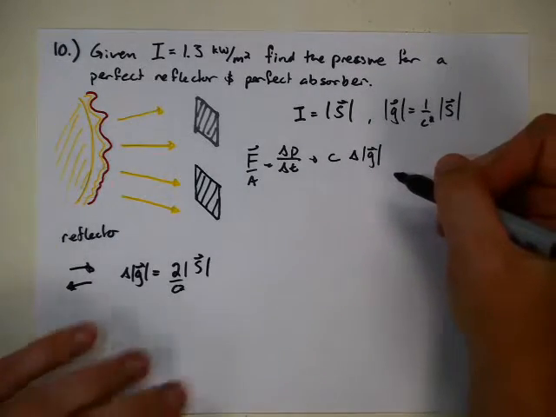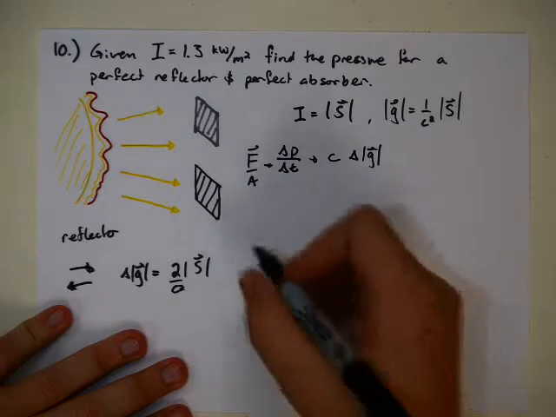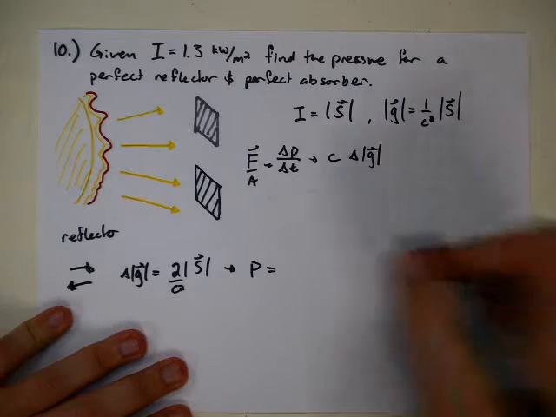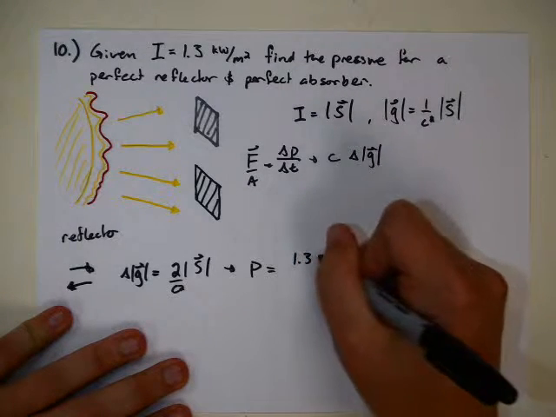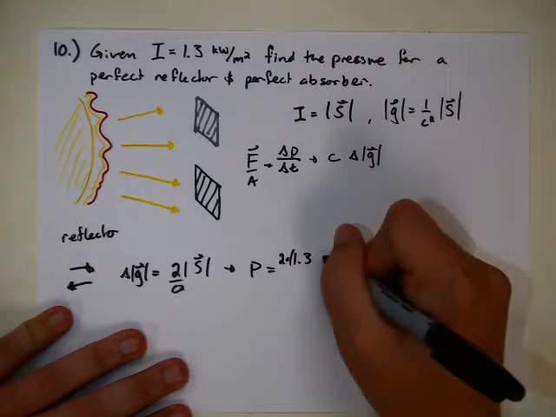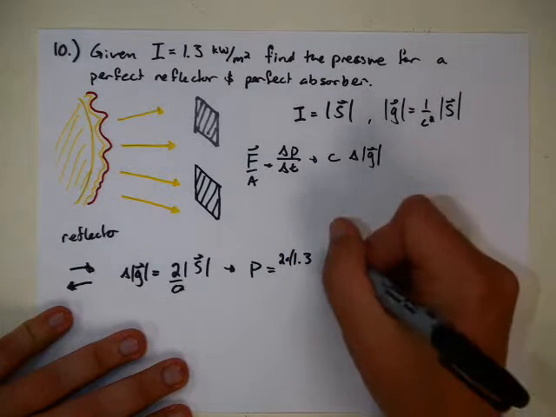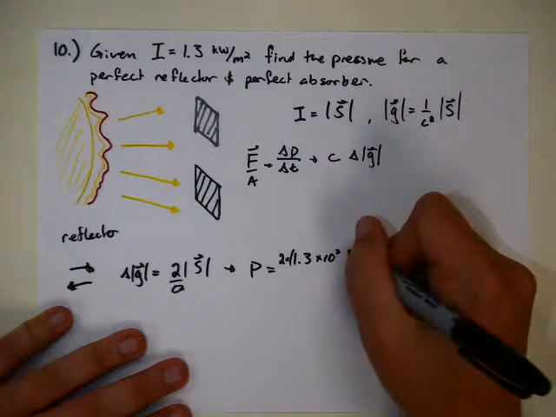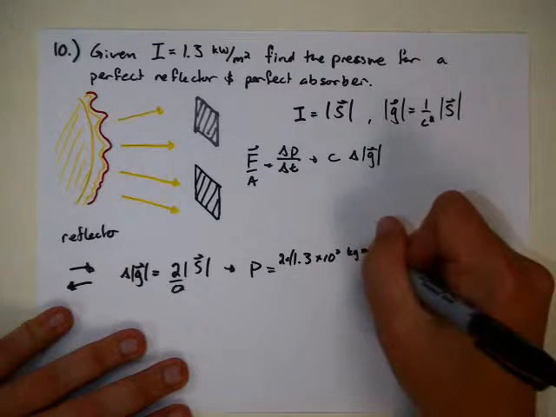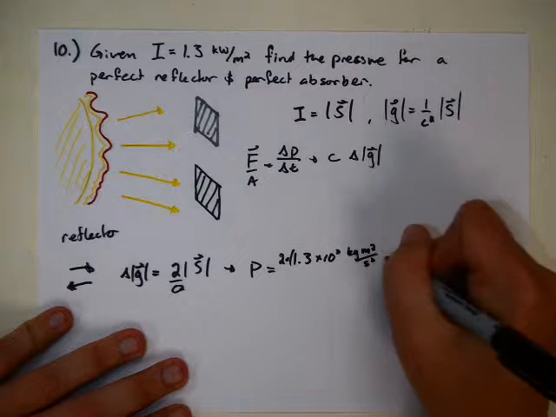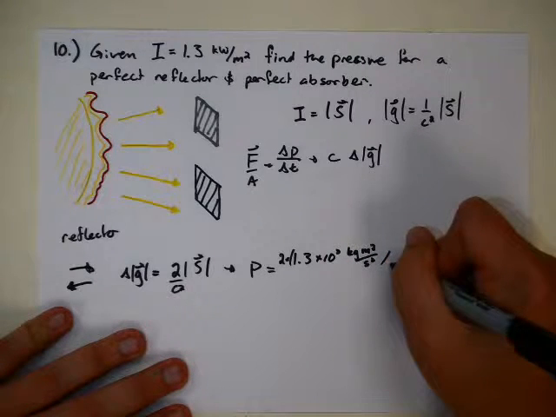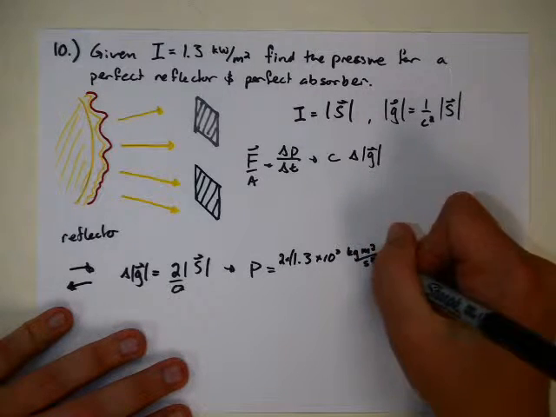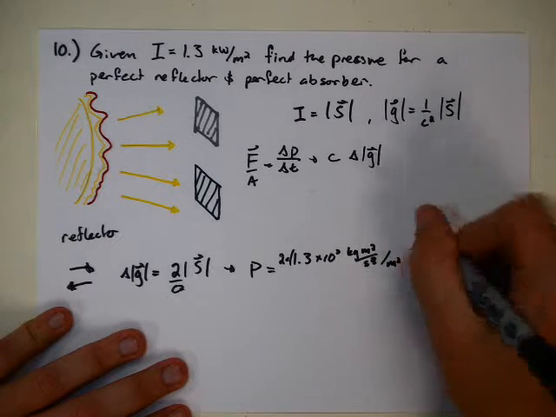Plug in some numbers for us, and then the pressure that we're going to feel is our 2 times 1.3 kilowatts, so times 10 to the third kilogram meter squared per second squared per, so that's kilowatts per meter squared, so per second cubed per meter squared.